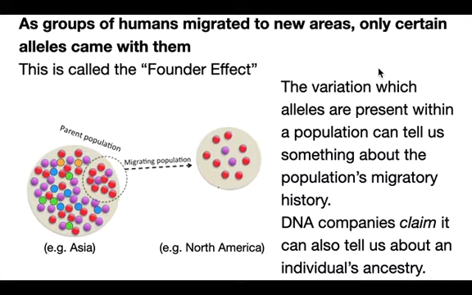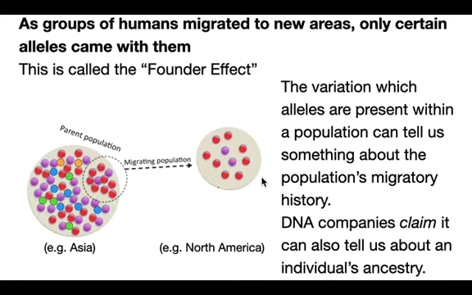DNA companies, like the ones that will swab your cheek or have you spit into a cup and send it back in, and they'll do an ancestry DNA test on you. They claim to tell you that this effect can also tell you things about an individual's ancestry, but that's a lot more complicated, especially as in the last 2,000 years, humans have migrated much, much more rapidly.